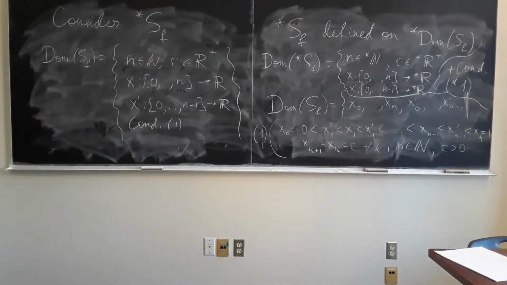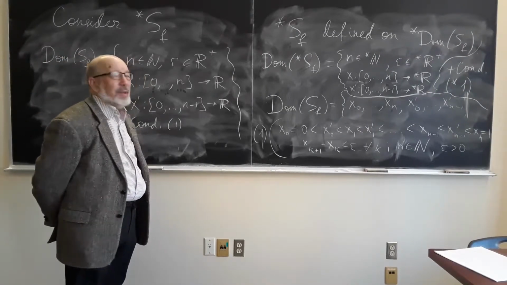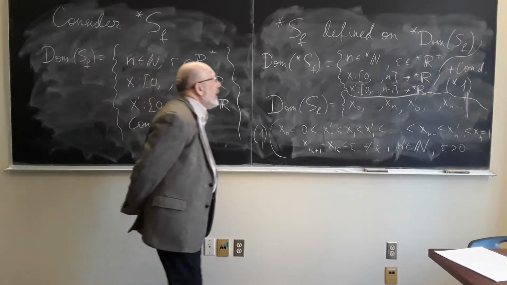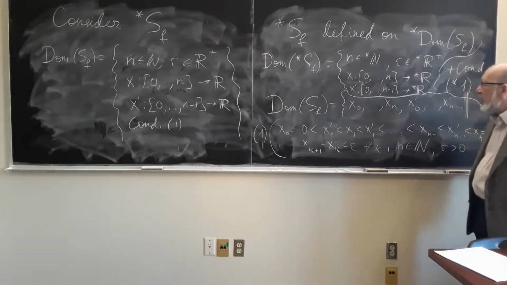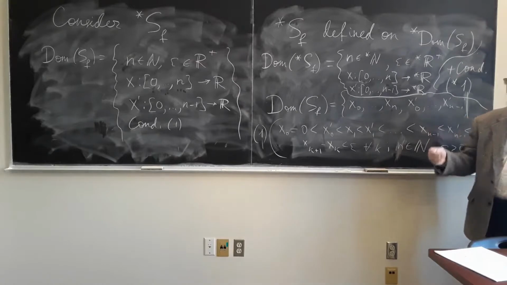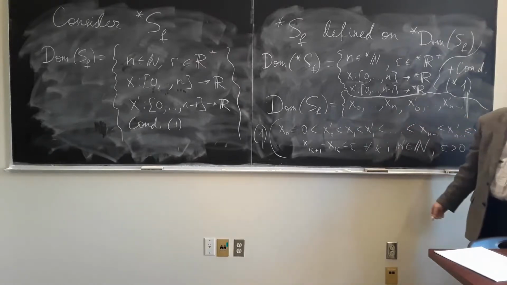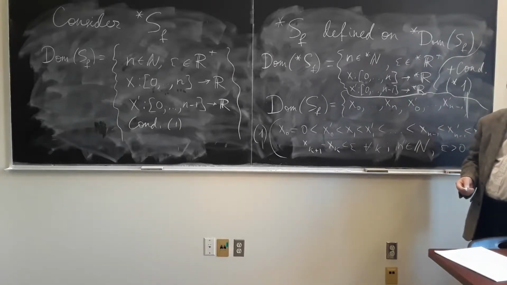But the value of this function we define by transferring from the function SF. So we don't need to compute it again. If you know it for any finite partition, then we have the value for infinite partition, if you take epsilon infinitesimally small. Is it clear?